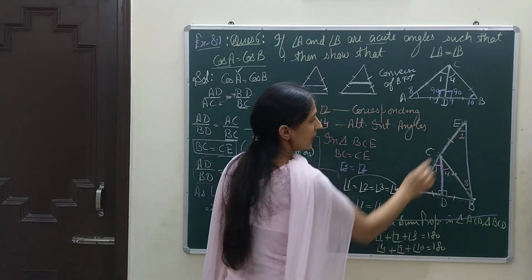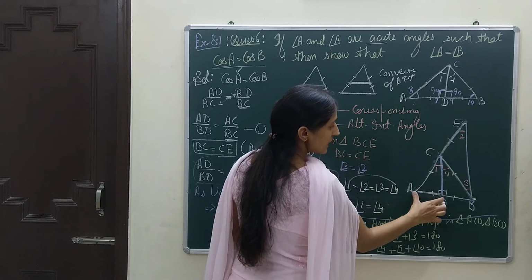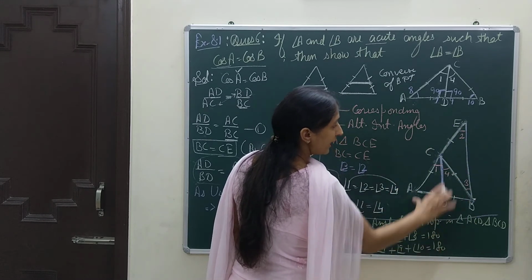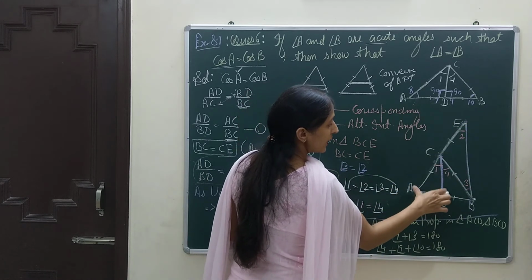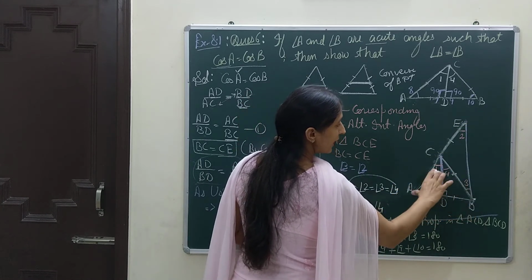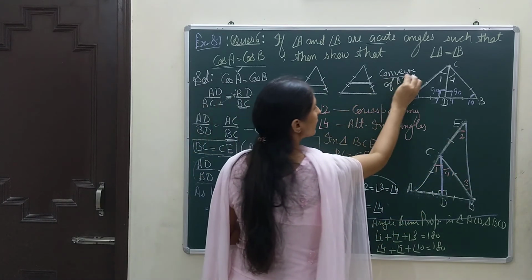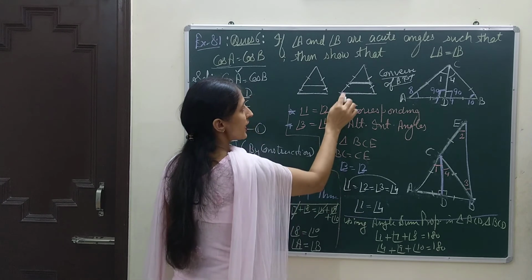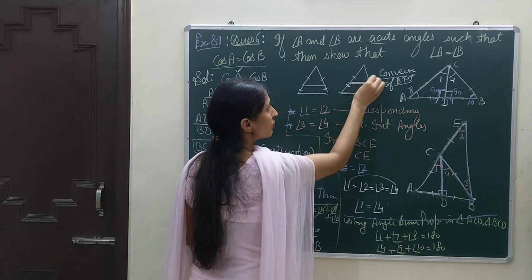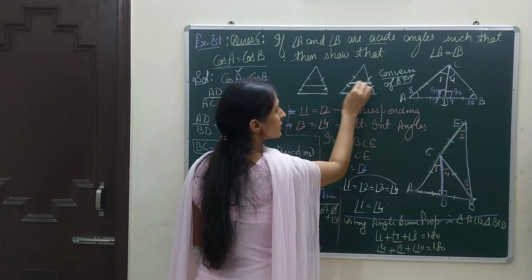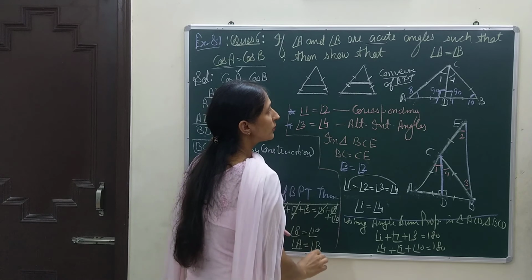If we are talking about a bigger triangle, these are two parts of one side and these are two parts of another side. If we are getting two parts of one side and another side in the same ratio, then we can apply the converse of BPT, which says that if a line divides two sides in the same ratio, it must be parallel to the third side.